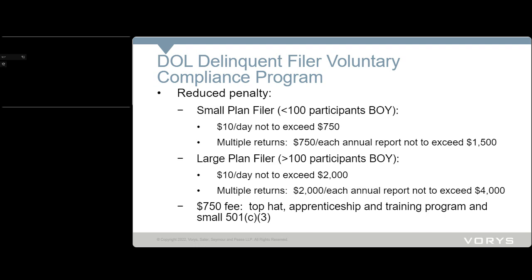Then just as a reminder here, if you have a non-qualified deferred compensation plan that you have put in place for your top paid group or your management, you're supposed to be doing a top hat filing for that. And if you failed to do that, that is able to be corrected through the DOL Delinquent Filer Program as well for a $750 fee.